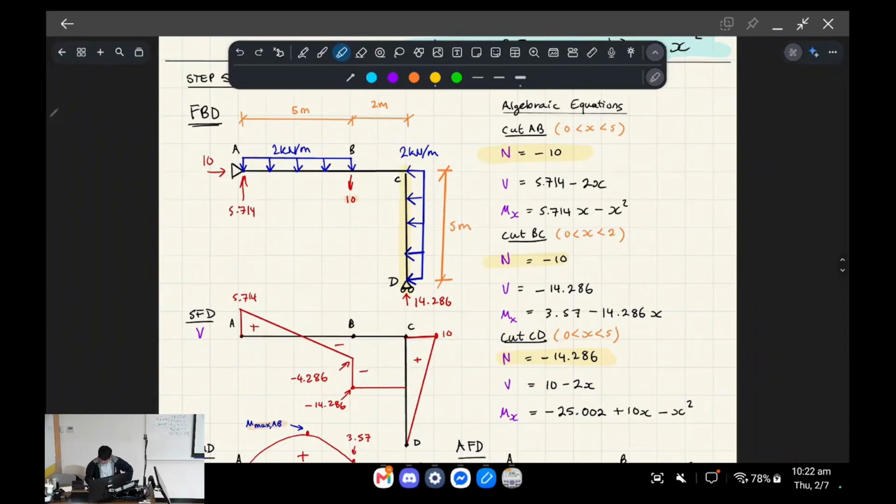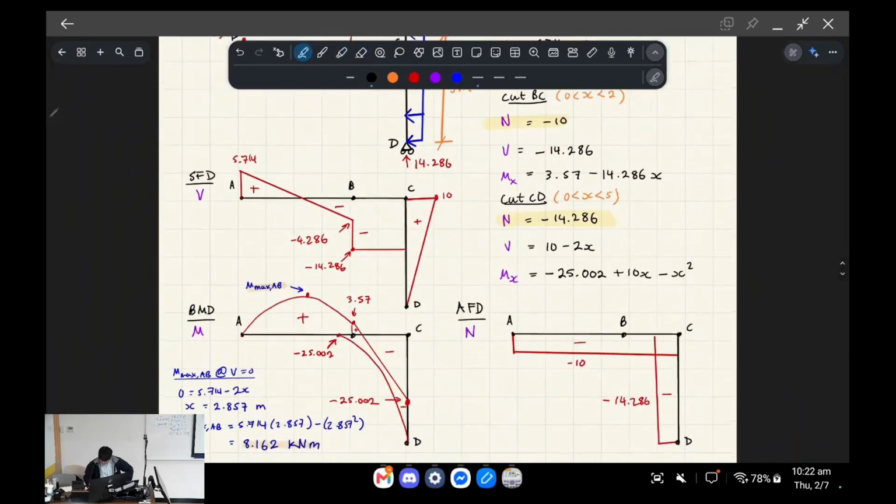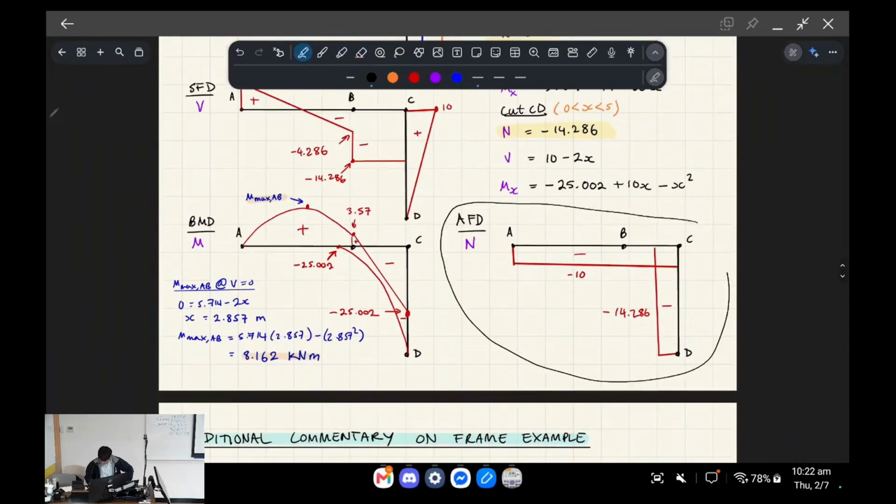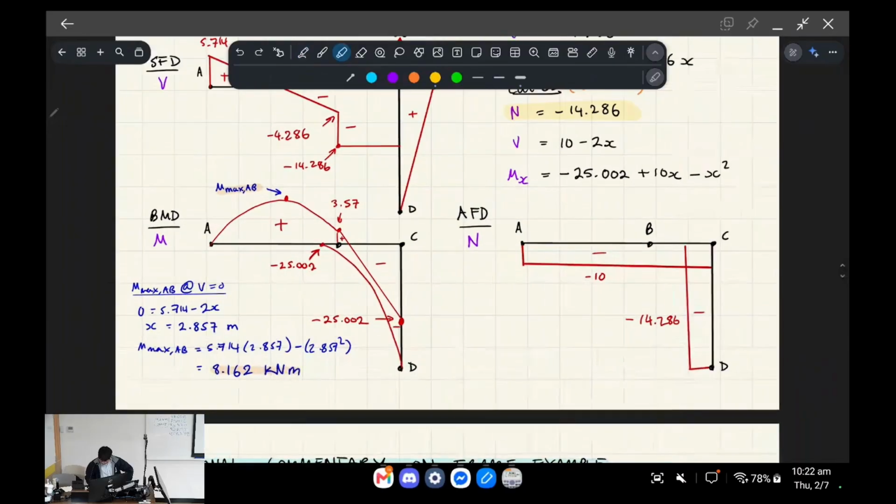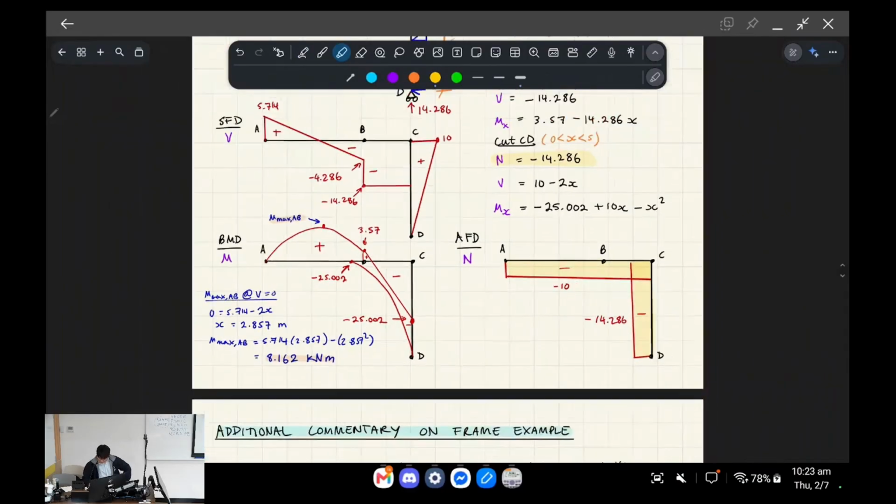And so all of these are flat numbers, and so for our axial force diagram, it's going to look like this, all right? The idea is that from A to B is going to be negative 10, from B to C is going to be negative 10, and then from C to D is going to be negative 14.286, right?